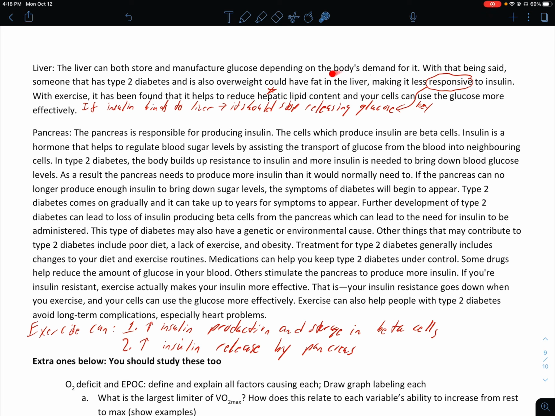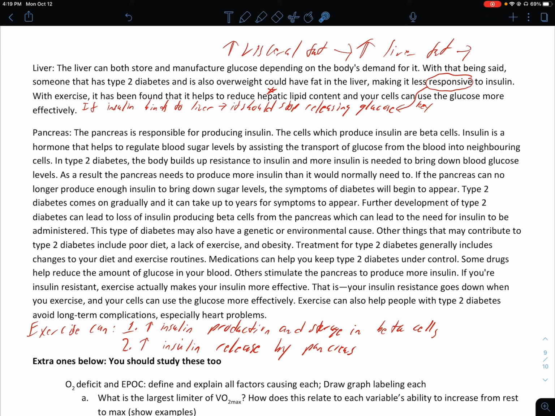Okay, and that's connected to the fat buildup in the liver, which is connected to visceral fat. So increased visceral fat usually means increased liver fat, okay, which means liver insulin resistance, which is this idea of being less responsive to insulin.